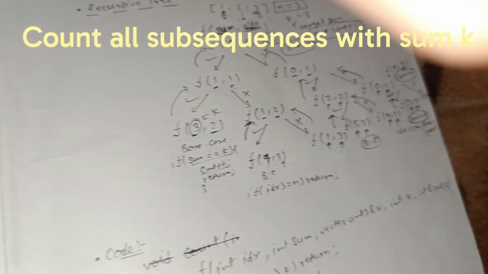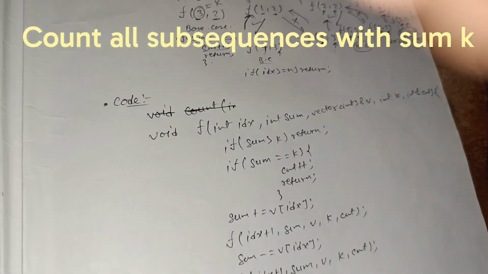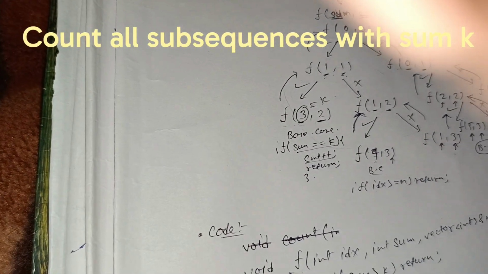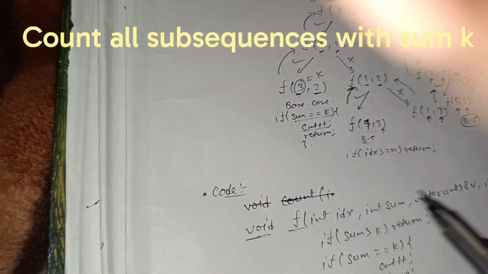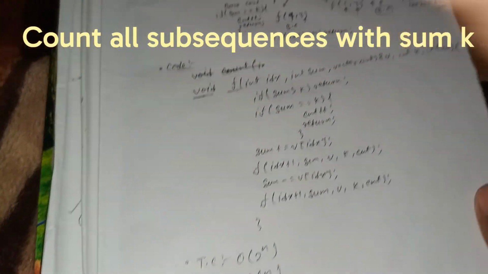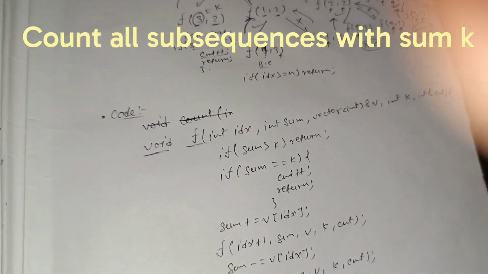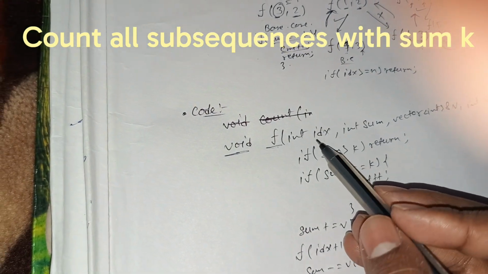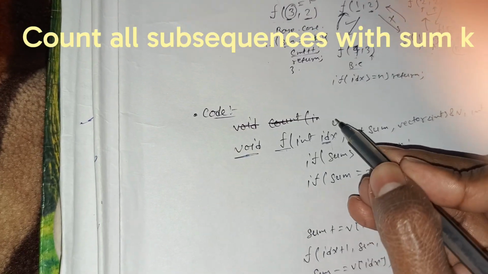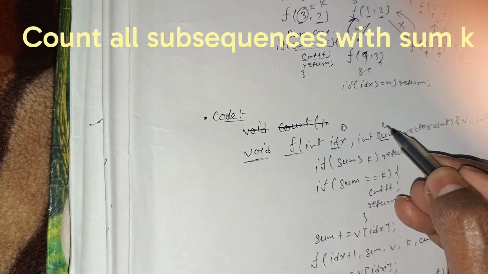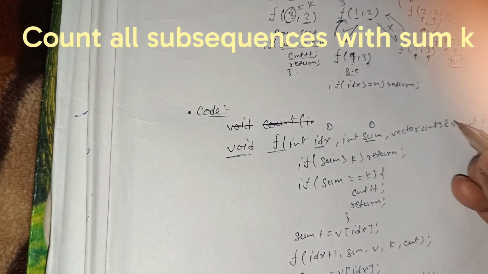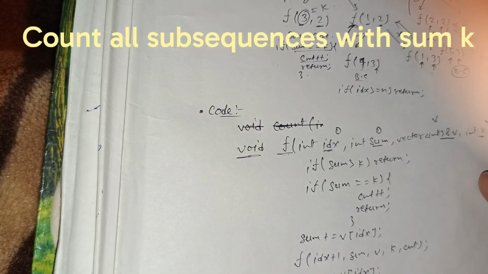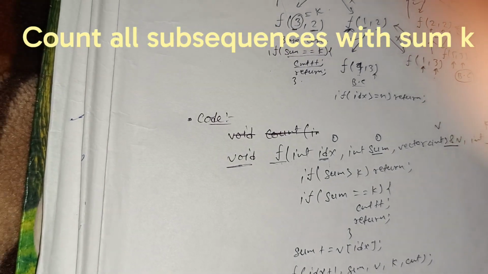Now let's see the code part. Here in the code, a void function is taken, with a variable index initialized to 0, variable sum also initialized to 0, the given vector v, the target sum k, and the count.